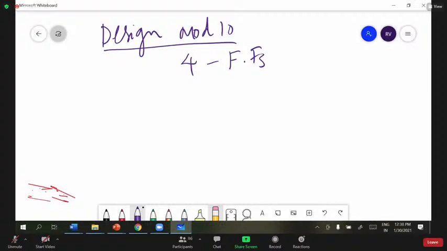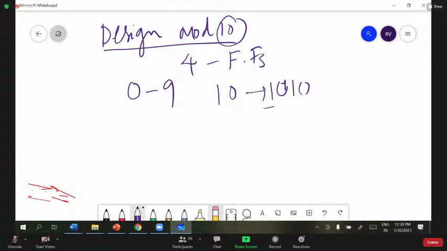But what is the counting sequence of a mod 10 counter? 0 to 9. That means after 9, it should not read 1010, so you have to reset this. Afterwards, it should not read this.